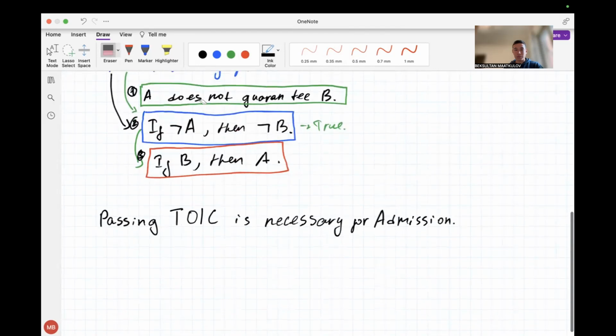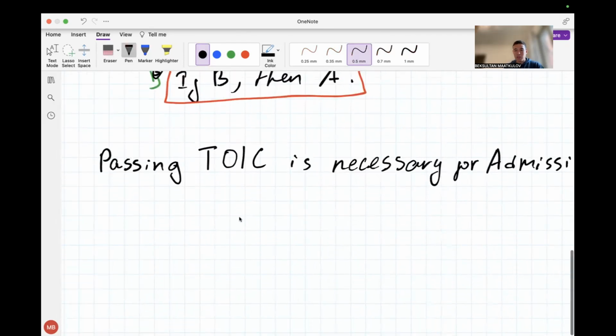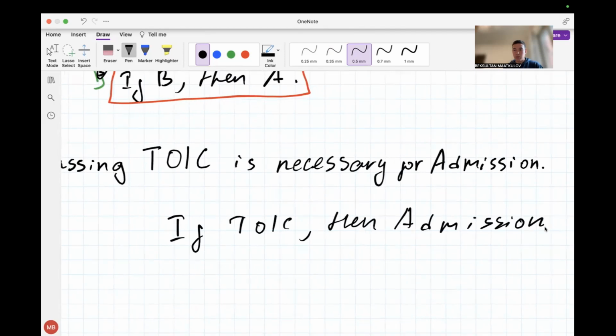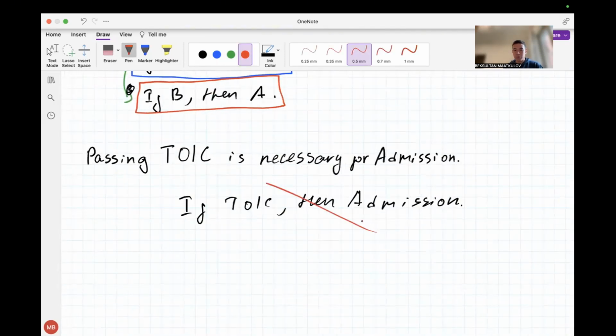If you look here, passing TOLC does not guarantee admission. Yes, perfect. So first of all, you cannot write this. If you write if TOLC, then admission, that would be wrong. Because if TOLC, then admission is like, let's say, a sufficient condition.